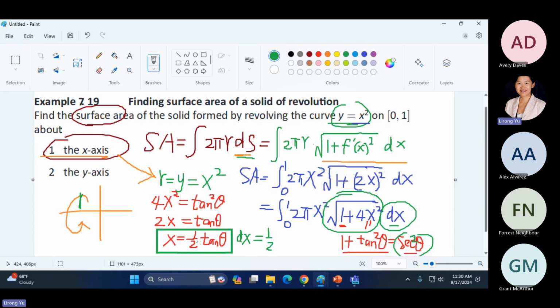You will find the derivative of tangent, which is secant squared theta, and then d theta. So already we see that is a secant theta. The dx produces secant squared. And then we have the x squared, which would be 1/4 tangent squared, right?